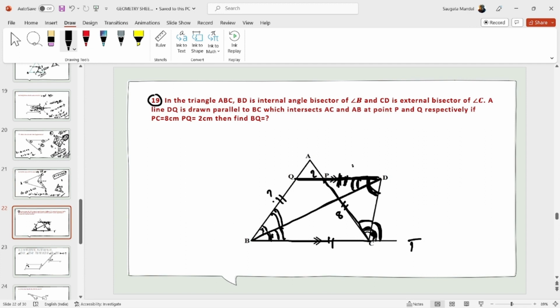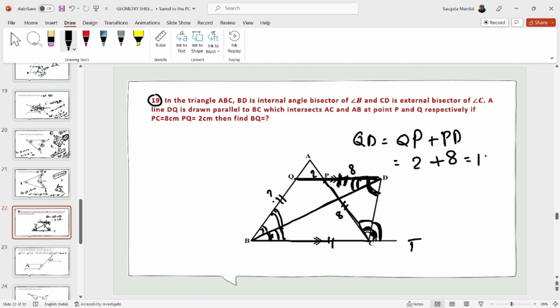That means the value of PD is equal to 8. And what is the value of QD? The value of QD is equal to QP plus PD. QP is 2 and PD is 8.